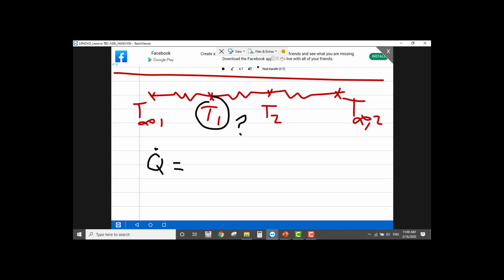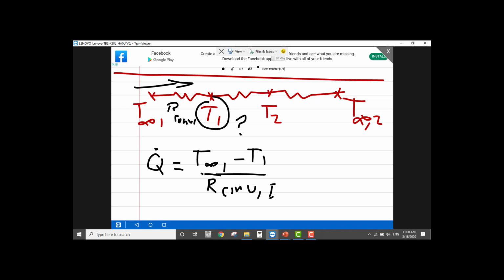So if we know Q and we wish to come from this side, knowing that this is R convection 1, we can say that T infinity 1 minus T1 divided by R, and we have only one resistance, R convection 1, from this direction.